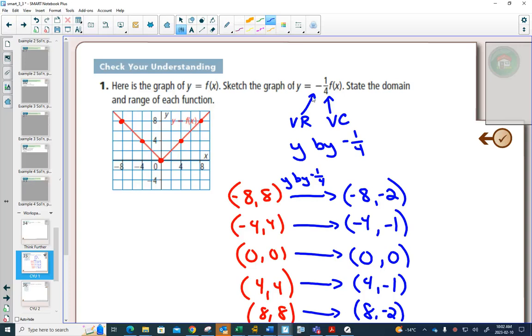Could you imagine multiplying this by negative 1/4 and that point staying the same? Taking this point at 8, multiplying by negative 1/4 and getting negative 2. This one getting negative 1. But drawing it out and labeling the points afterwards is easy as well. We then draw our final graph.